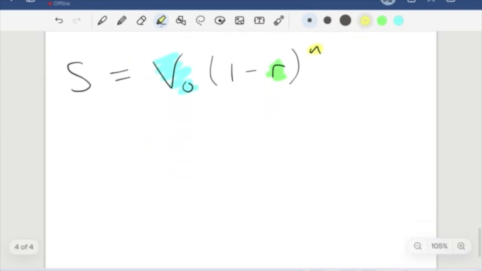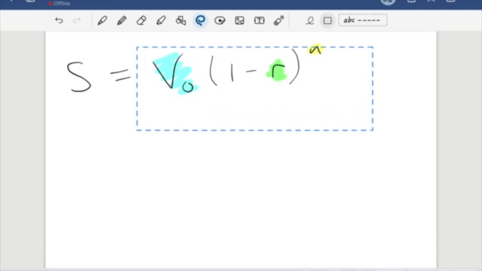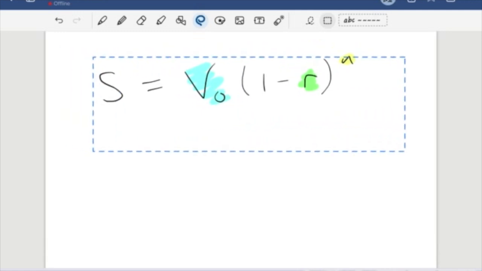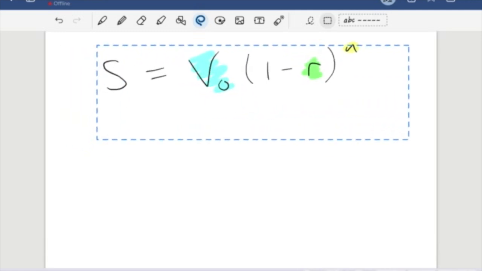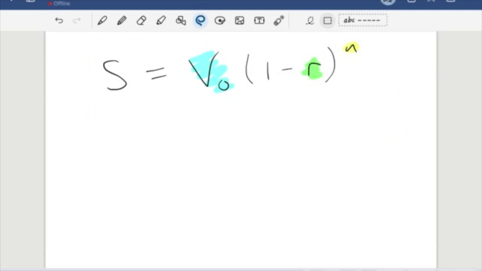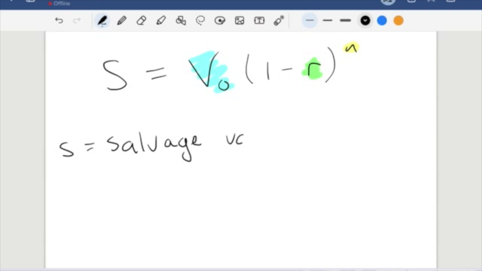So we've basically, through this long and probably arduous task, come up with a universal formula for calculating depreciation or salvage values, where our S here is the salvage value, how much we can sell it for, how much money we can salvage.